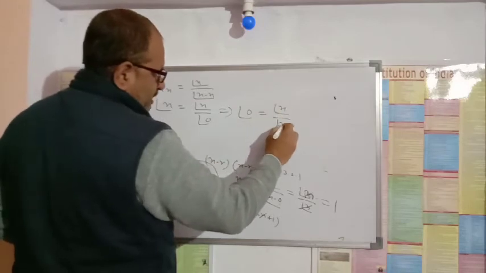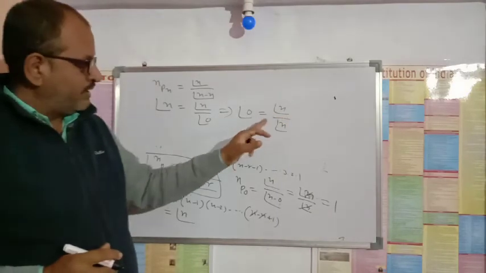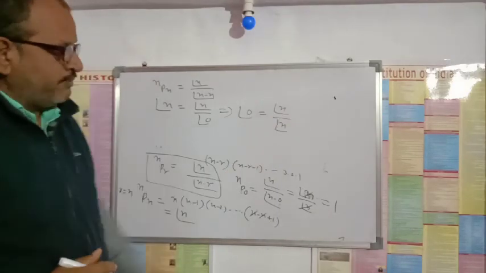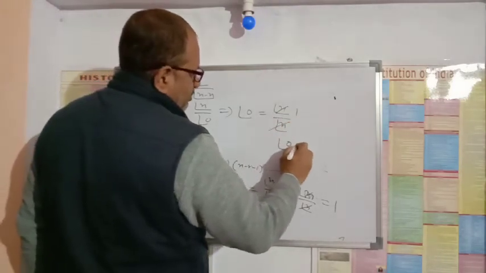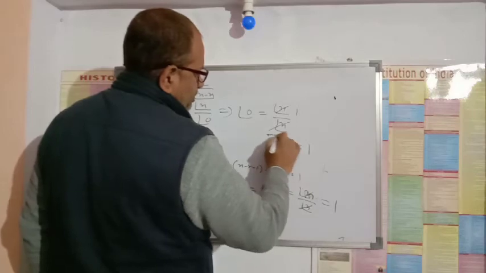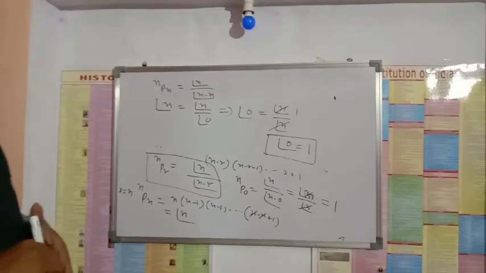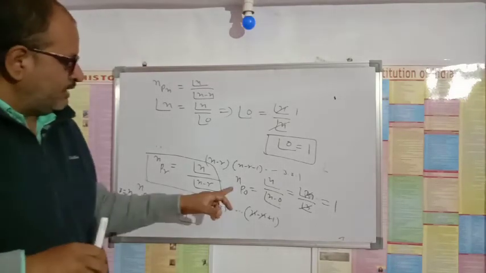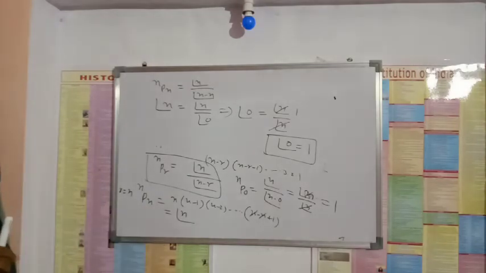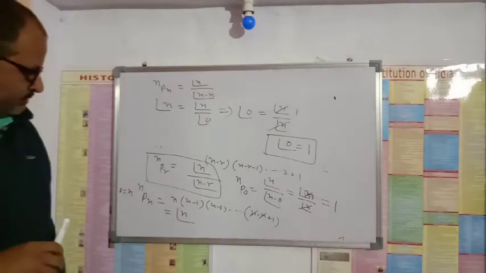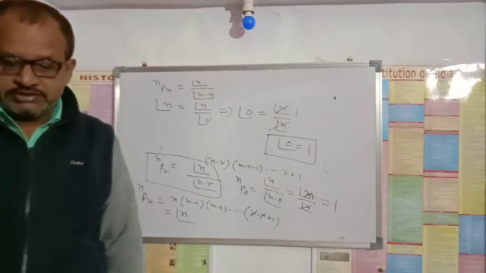Factorial n by factorial 0 equals factorial n. Cross multiply: factorial 0 into factorial n is equal to factorial n. So factorial 0 will be factorial n upon factorial n, so it cancels. So we represent factorial 0 is equal to 1. Factorial 0 is equal to 1. nP0 is equal to 1. And nPn is equal to factorial n. Now we will discuss some problems based on permutations.